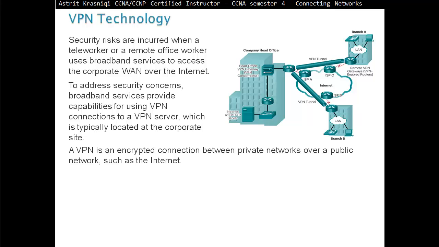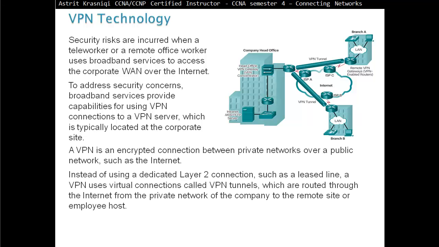A VPN is an encrypted connection between private networks over a public network such as the internet. Instead of using a dedicated layer 2 connection, such as a leased line, a VPN uses virtual connections called VPN tunnels, which are routed through the internet from the private network of the company to the remote site or employee host.